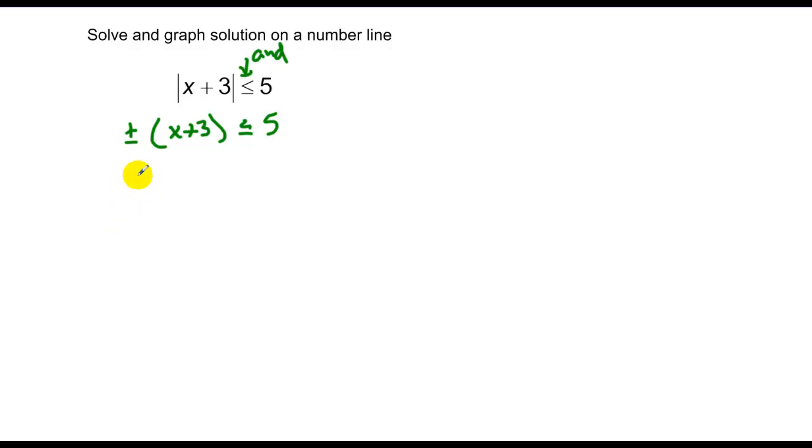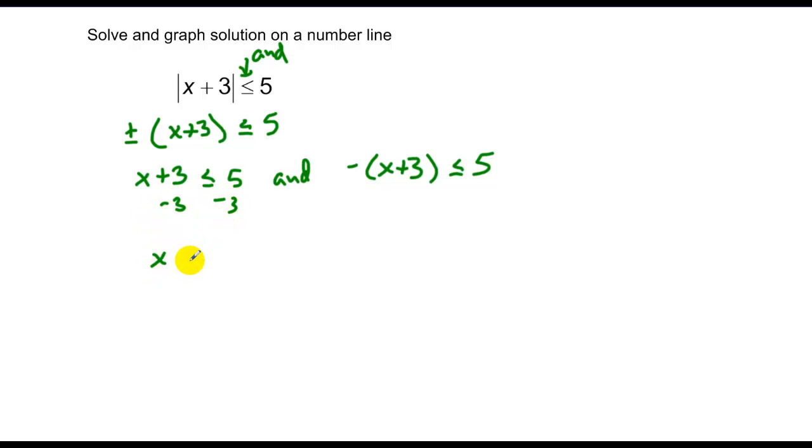We have my two equations, x plus 3 less than or equal to 5, and the opposite of x plus 3 is less than or equal to 5. Solving, I subtract 3 from both sides, and I get x less than or equal to 2.